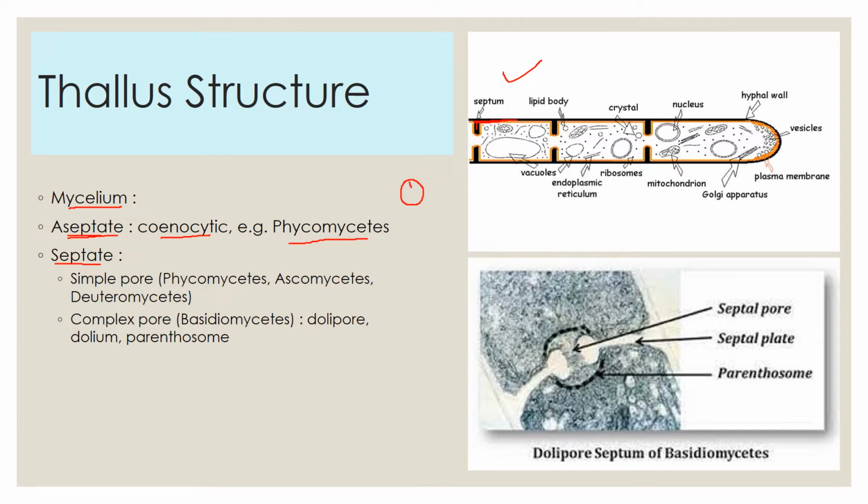Growth will start centripetally from all directions, and then an annular rim-like structure is formed. This septum is not complete. Here we see that a pore is left behind.